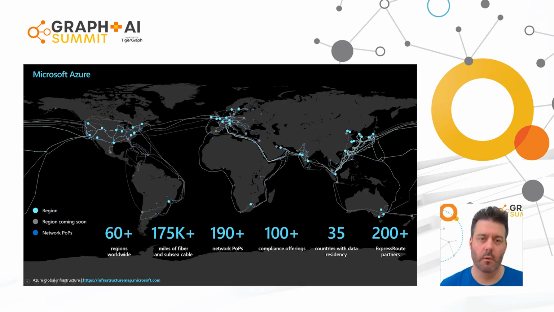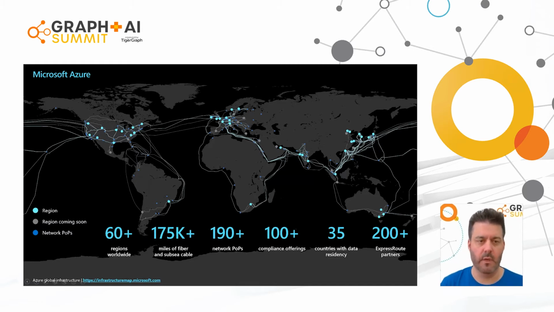We are also regularly tested against different compliance audits. As you can see in the slide, we have more than 100 compliance offerings. If there's the need to keep your data local in your country, then that's no problem at all. We can also guarantee for countries that the data will stay within the country.